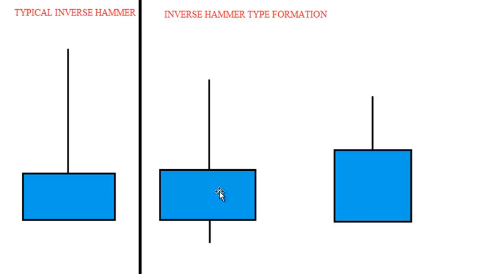In this formation, the length of the hair is slightly smaller, and it also has a tail. And this one, where the height and the hair of the candle are of similar size. So this is called an inverse hammer type formation, and this is called an inverse hammer. These two would be called inverse hammer type formations.